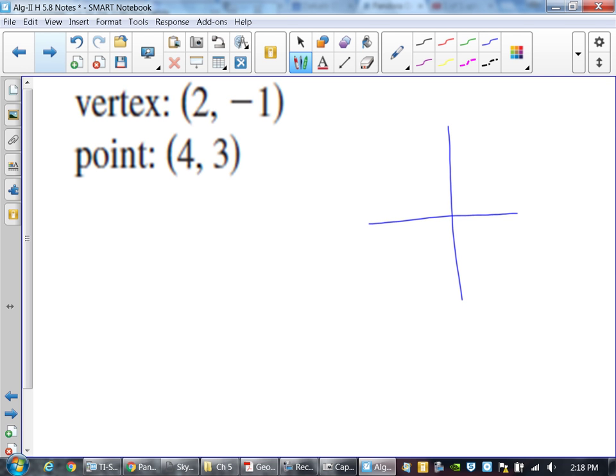at 4, 3, that's in the first quadrant, isn't it? I'm sorry, the vertex is at 2, -1.